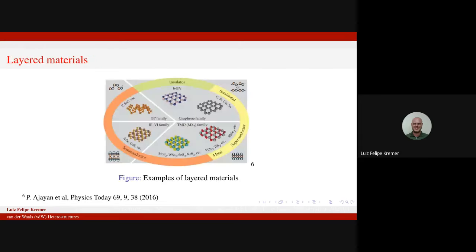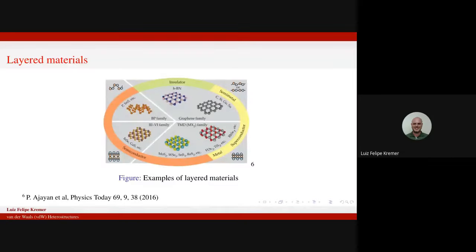So we can have layered materials. Actually, layered materials are formed by atomic layers with strong in-plane bonds, but between the layers we have weak van der Waals interaction. After graphene was first obtained, other materials were also exfoliated to single or a few atomic layers.